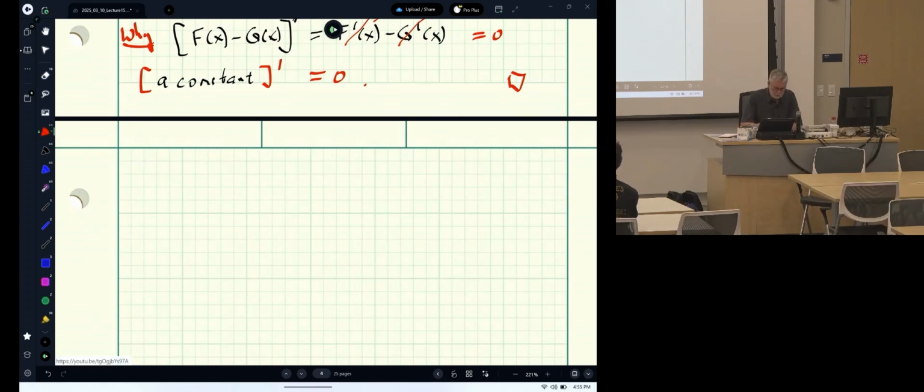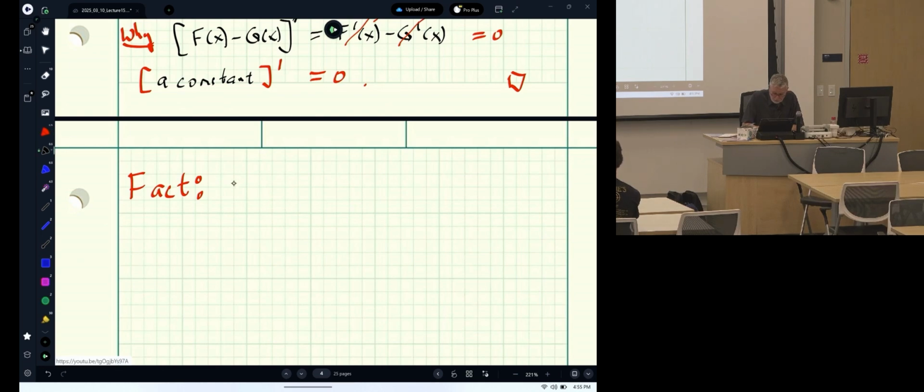So verifying that something is an antiderivative is very easy. You just compute it. If someone gives you the candidate, that's really easy.